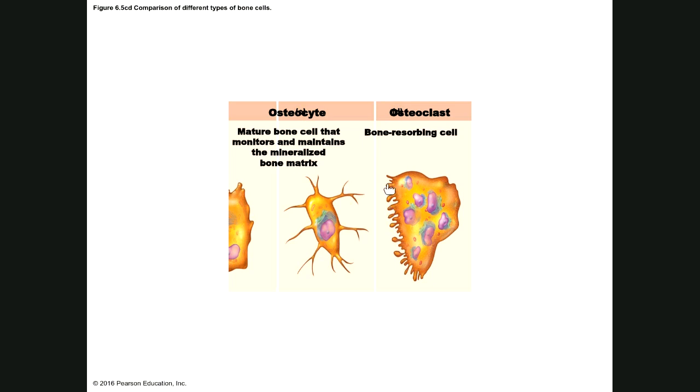Because these are going to help increase the surface area over which this cell can do its degradation of bone tissue. And it's going to seal off. And actually, it's going to absorb the matrix. It's going to break it down with all these really powerful enzymes it has.